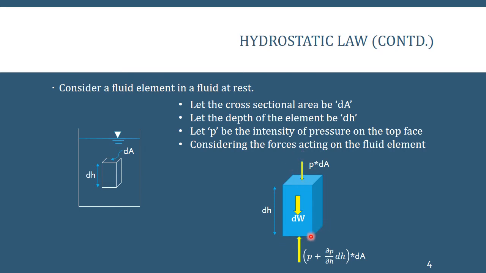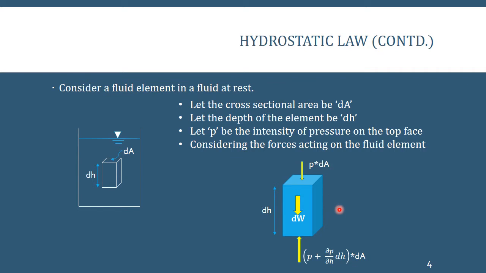If you take the bottom face of this cuboid, the area vector is acting downwards, and so the pressure force will be acting upwards, opposite to the area vector. If you have studied area vector in mathematics, you would know. So this is how pressure force is going to act.